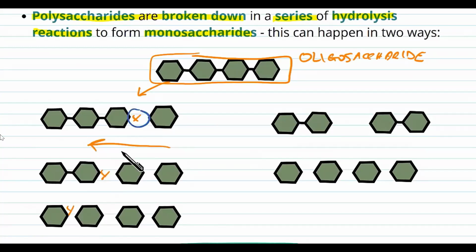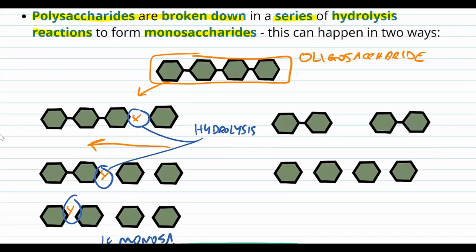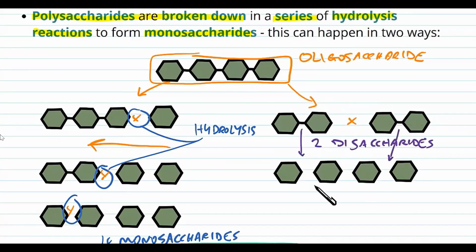And every time this happens, we have a hydrolysis reaction. And then in the end, we would be left with 4 monosaccharides. Alternatively, we can do it a different way, whereby the oligosaccharide is snapped in half to give 2 disaccharides. And then each of these are broken down into their individual monosaccharides, again to give 4 monosaccharides. But the main point is, either way, it's always done by hydrolysis reaction, snipping off monomers at a time.